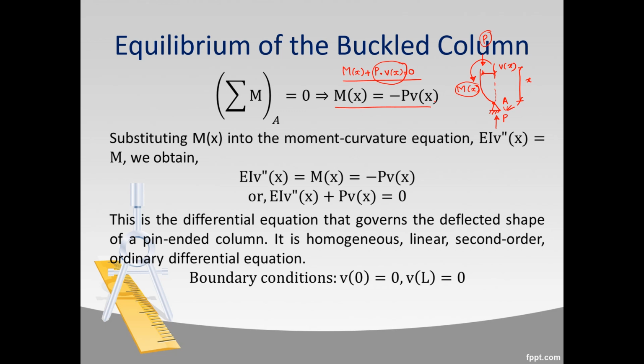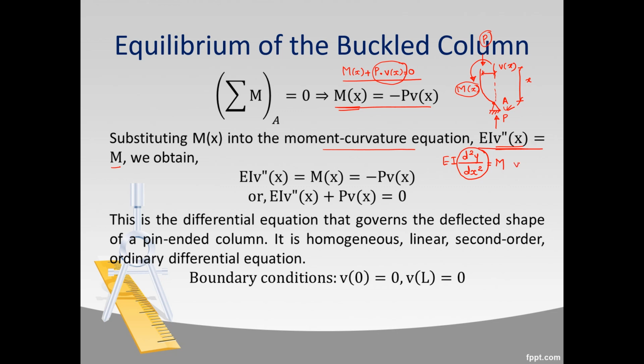Now substitute this value of Mx into our deflection curve equation, that is the moment curvature equation, which is given by EI v double prime x equals M. You may have also written this equation as EI d square y by dx square equals M. So this is the symbol for the slope of our moment curvature equation, which is represented as v double prime x.